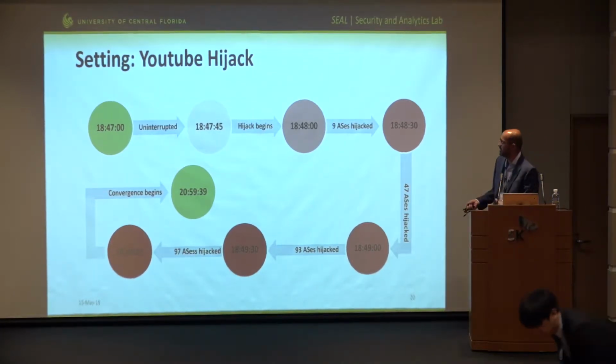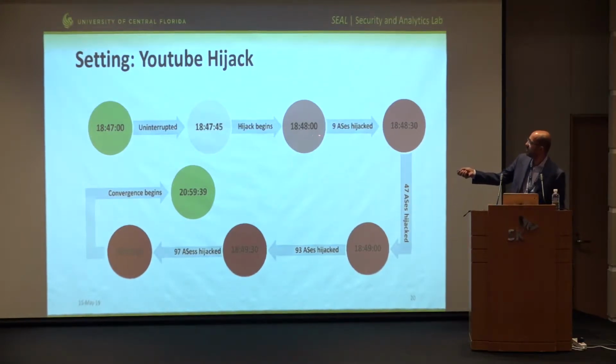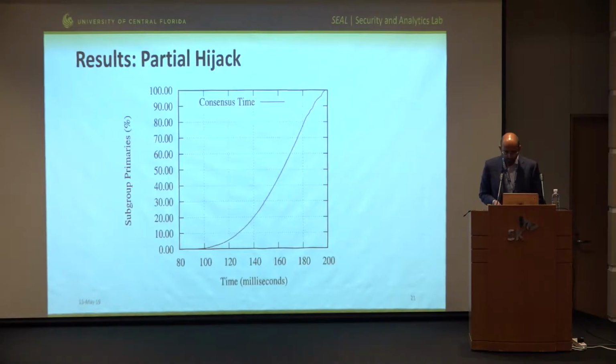So those are the time parameters. From here to here, there is about 45 seconds, about a minute from the start of the non-interruption to the hijack, where 9 ASs were hijacked, and so forth. So you get the idea that this is about a minute between no hijack and then 9 ASs hijacked.